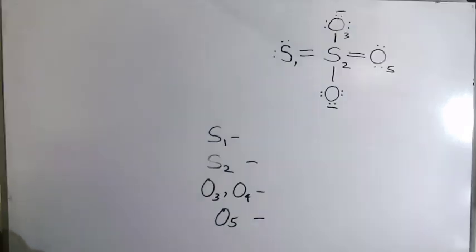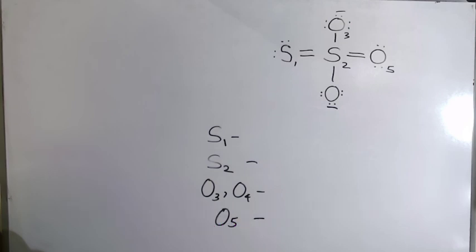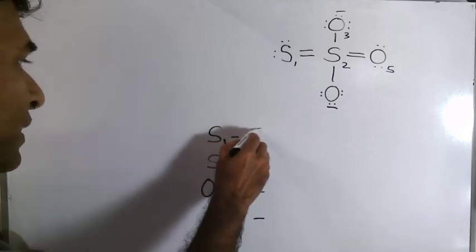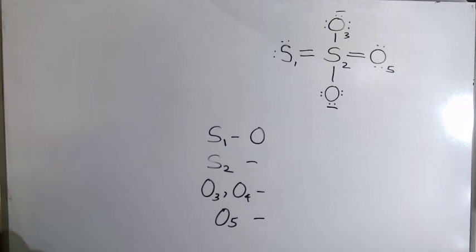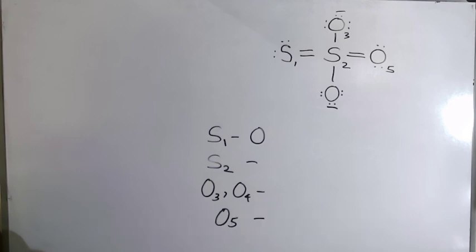Let us move to the oxidation numbers of the thiosulphate ion. When we come to sulfur atom number 1, it is connected to another sulfur. So there is no electronegativity difference or polarization in the sigma bond and pi bond. So we can tell the oxidation number is 0. When we move to sulfur atom number 2, 3 oxygen atoms have joined to it.